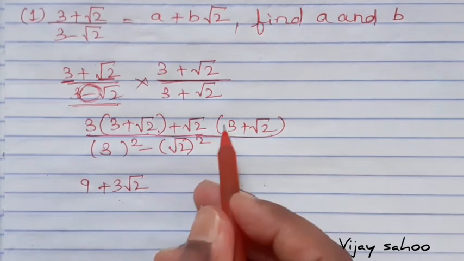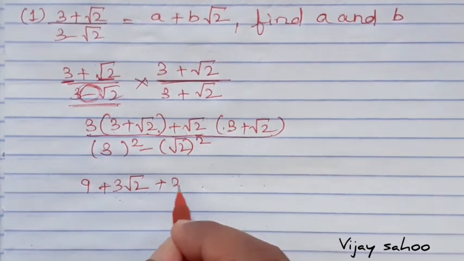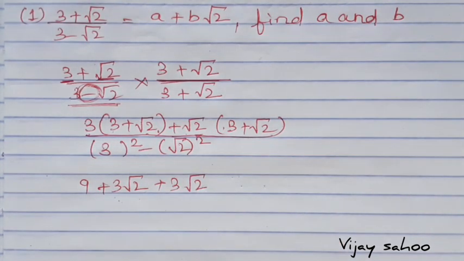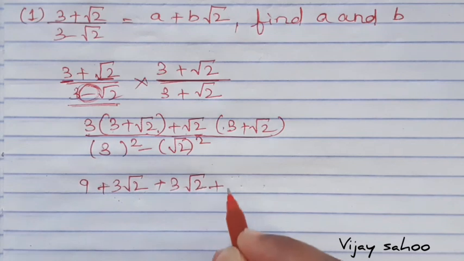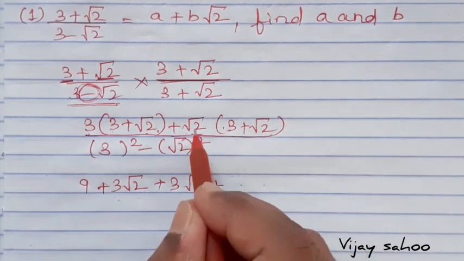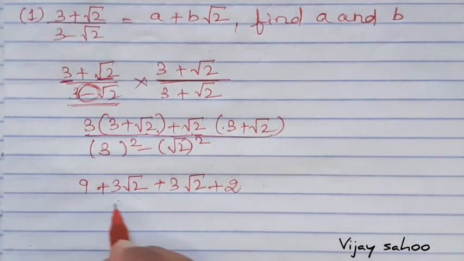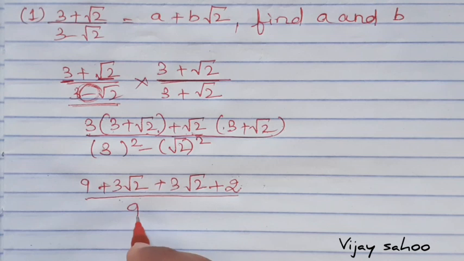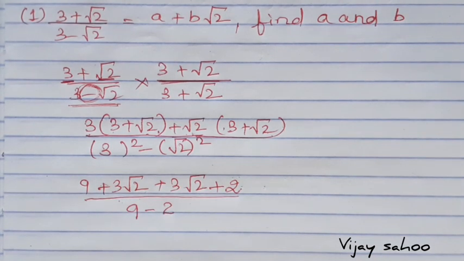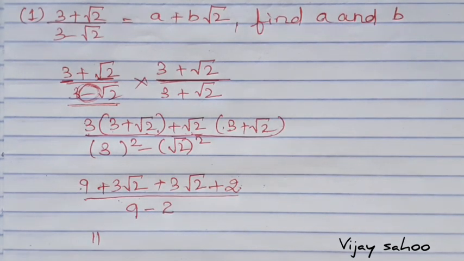So here plus plus, so it will be plus 3 into root 2, that is 3 root 2, plus root 2 into root 2. The same root values are multiplied, so we'll simply write that number. And the denominator will be 9 minus 2. Now if you see the numerator, 9 plus 2, it will be 11.